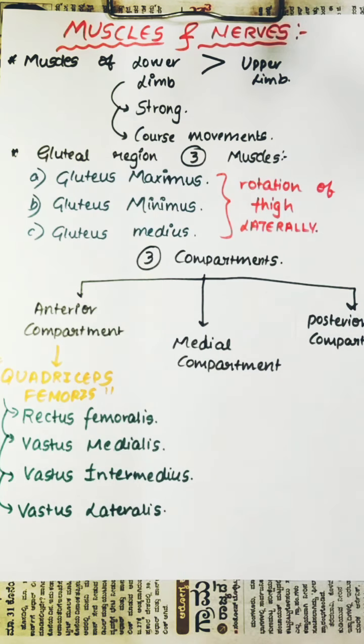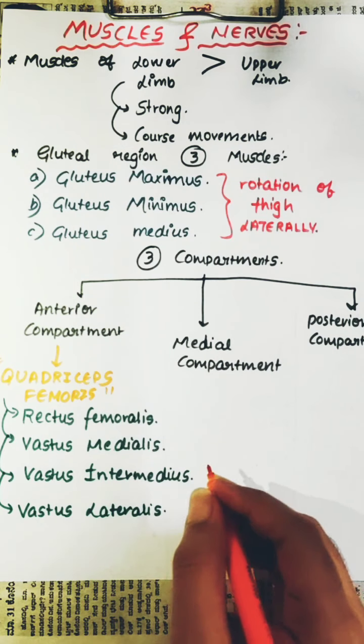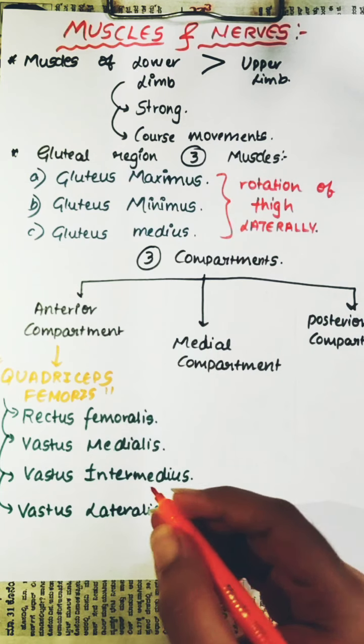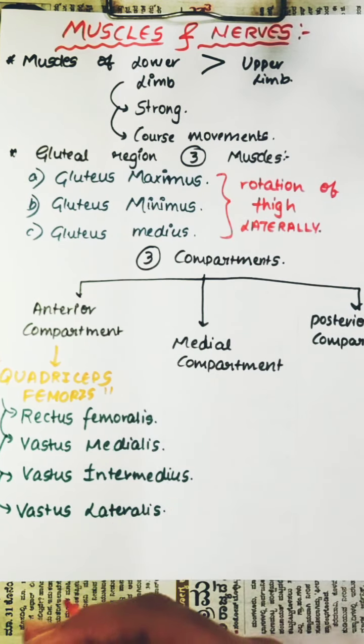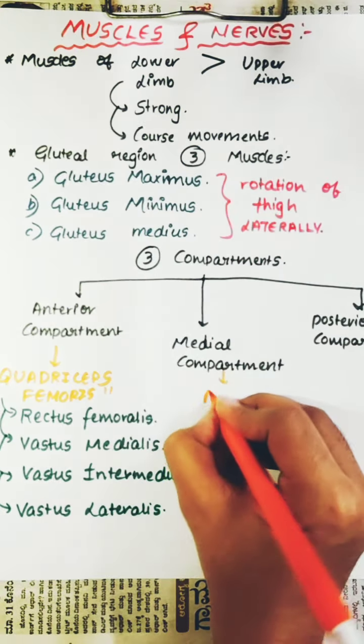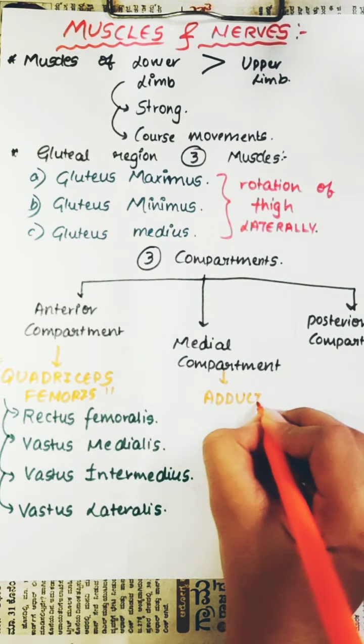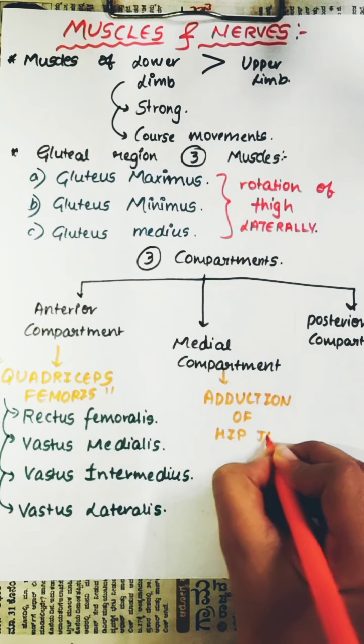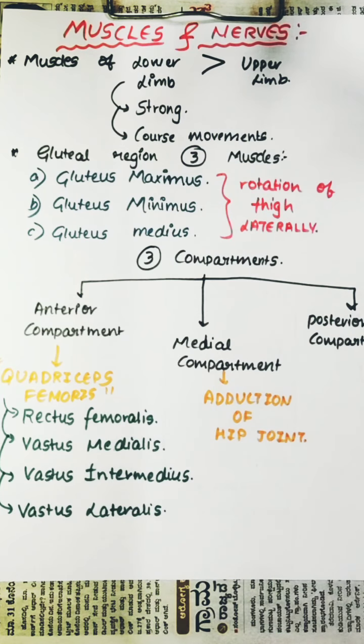In the medial compartment, you can see there is the hip joint. It mainly helps in the adduction of the hip joint.